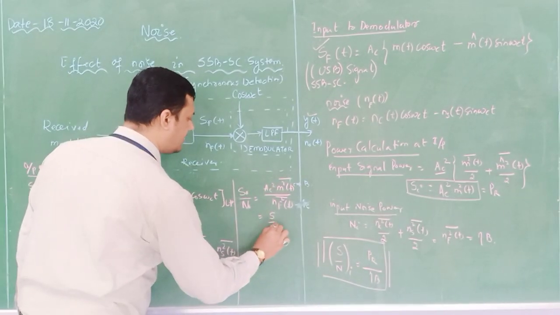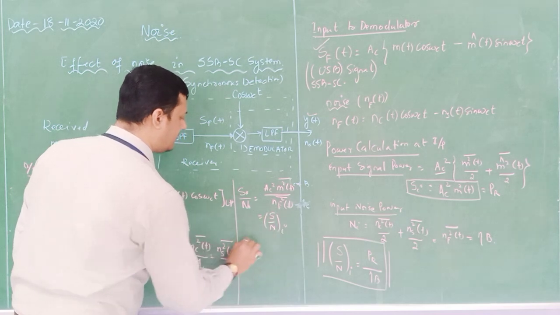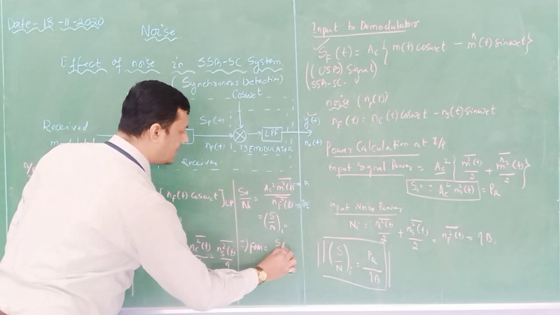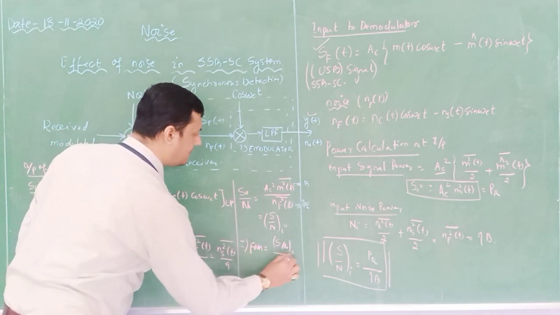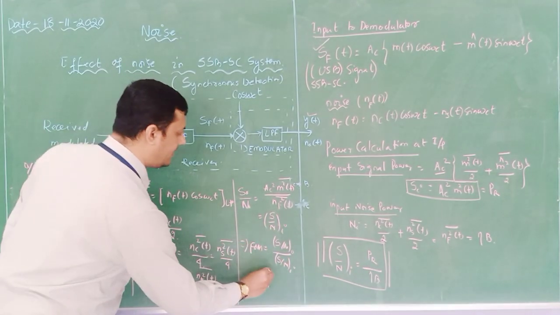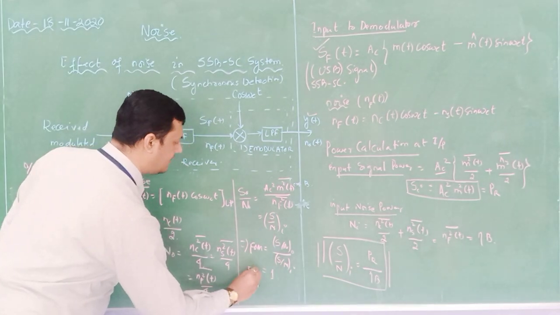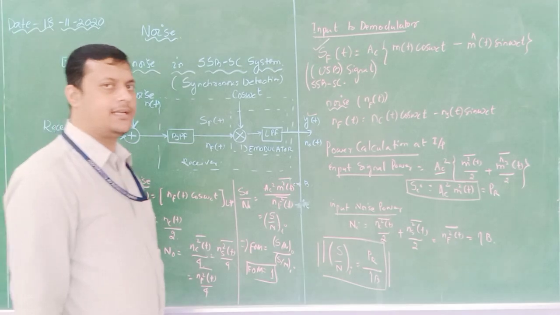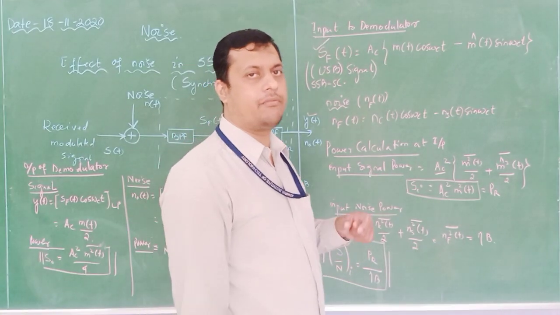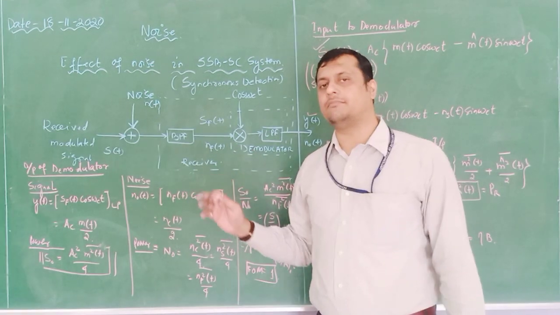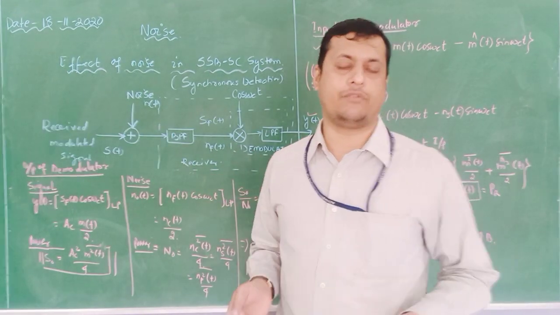Now the figure of merit is nothing but output SNR divided by input SNR. Take this component to the left hand side, it will become a denominator, and on the right hand side you will get 1. So remember this, in SSB-SC system your figure of merit will become 1. In DSB-SC system your figure of merit will become 2 with a scale factor 2.